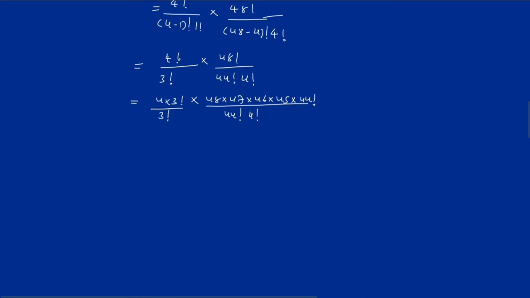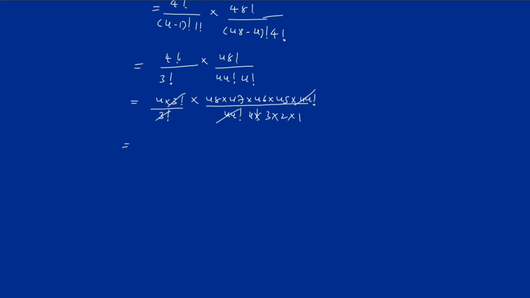After simplifying, what do we get here? This term becomes 4 only. 3 gets cancelled, 44 gets cancelled. This term can be written as 4, 3, 2, 1, right?